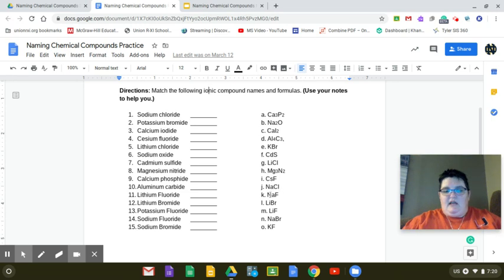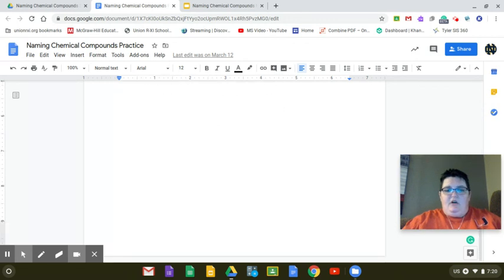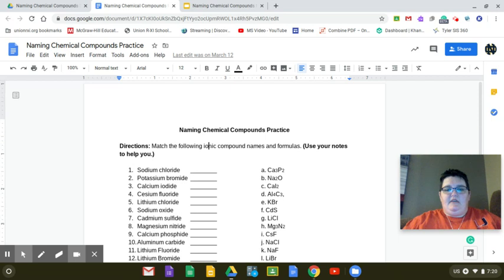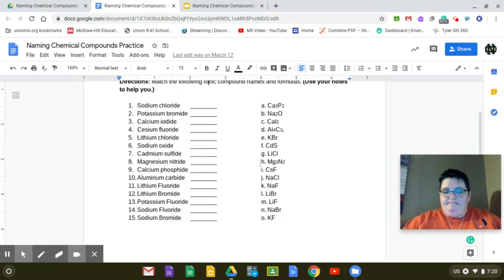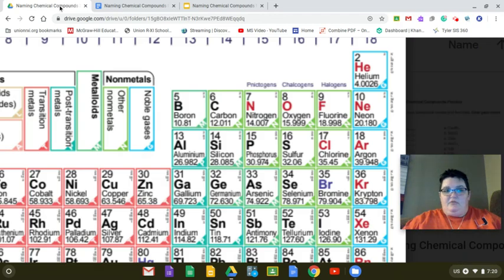Other than that, we got NaF and NaBr. So this letter J would be the one that I need to put here for number one. Remember on here, guys, I put at the top of it, make sure you use your notes to help you, especially if you get stuck, so that you have the right combo and the right steps. And also make sure you use your periodic table, especially if you don't remember what the symbols are.